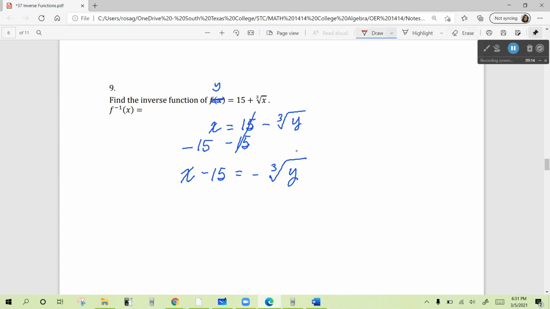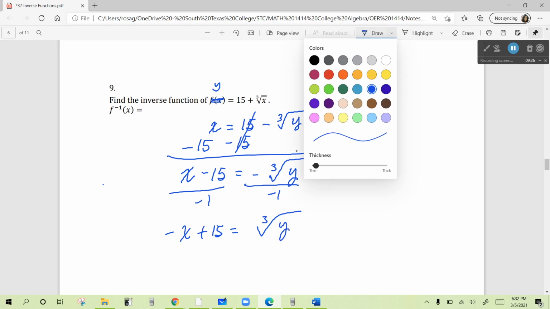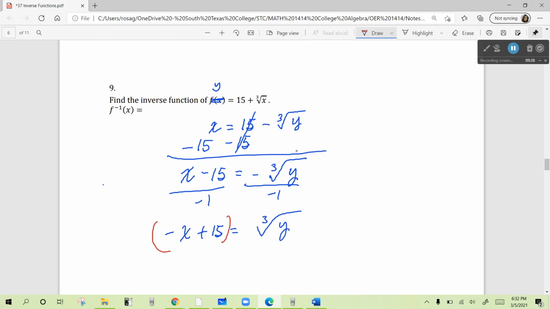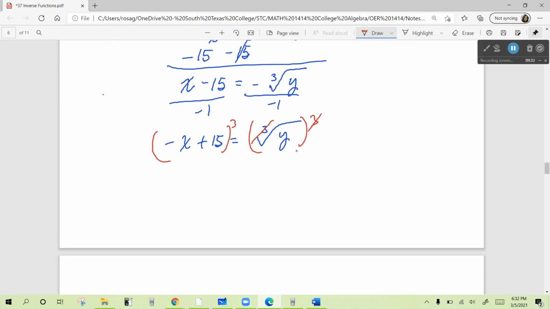Let's get rid of the negative first. That will be negative x plus 15. Then I do the third power on both sides. So then the inverse would be negative x plus 15 to the third power.